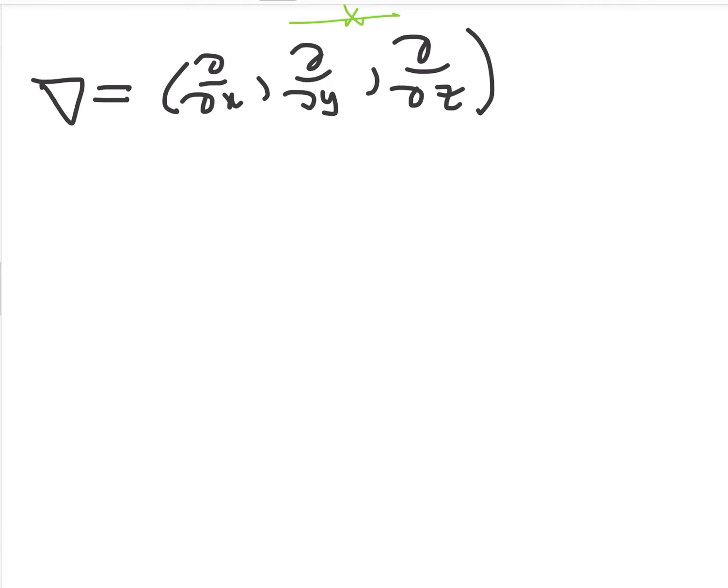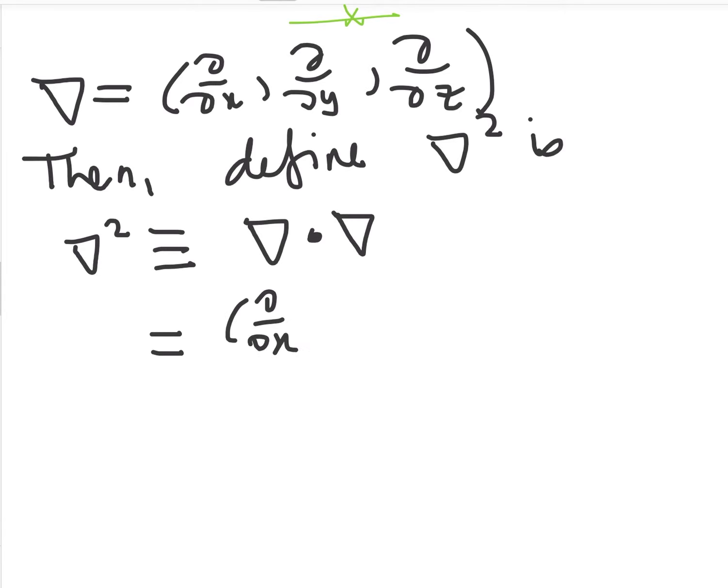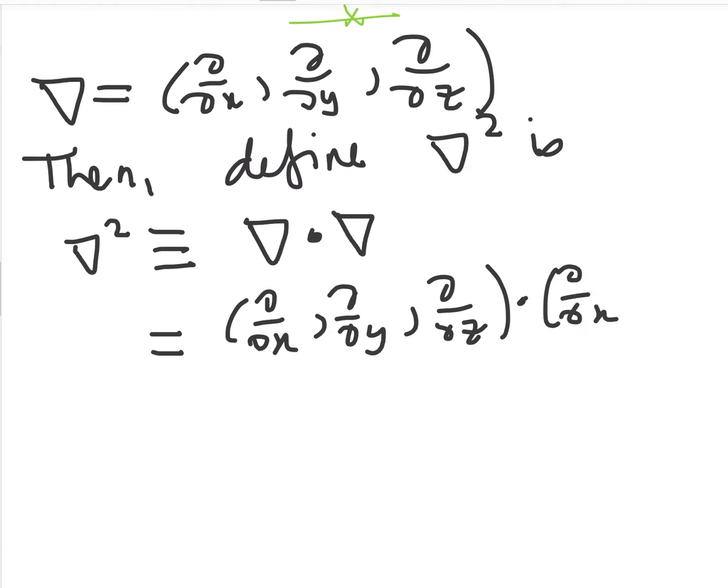If we define del, then we may define an operator del squared. Del squared is defined as del dot product with del. And if you do that, what do you get? You get d dx, d dy, d dz, dotted with itself.